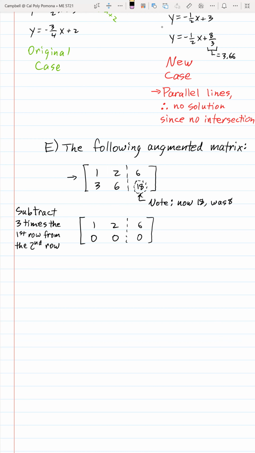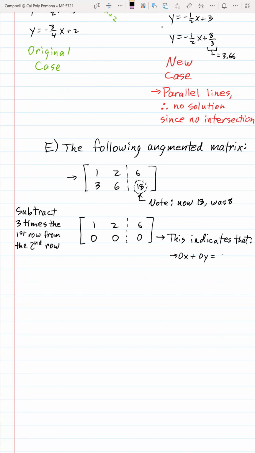So thankfully, things are not inconsistent, because if I go ahead and try to interpret what that last row means, we see that we get 0 times x plus 0 times y. Again, understanding the first column is multiplying x, the second column is multiplying y in the coefficient portion.